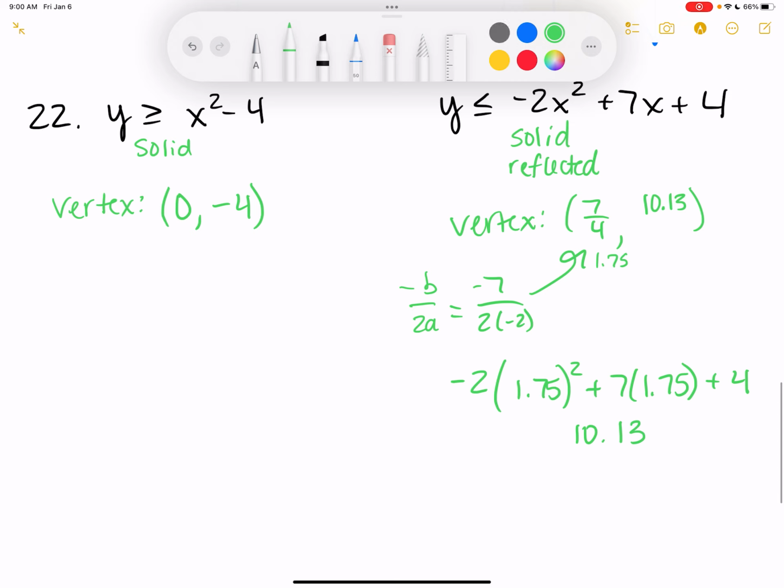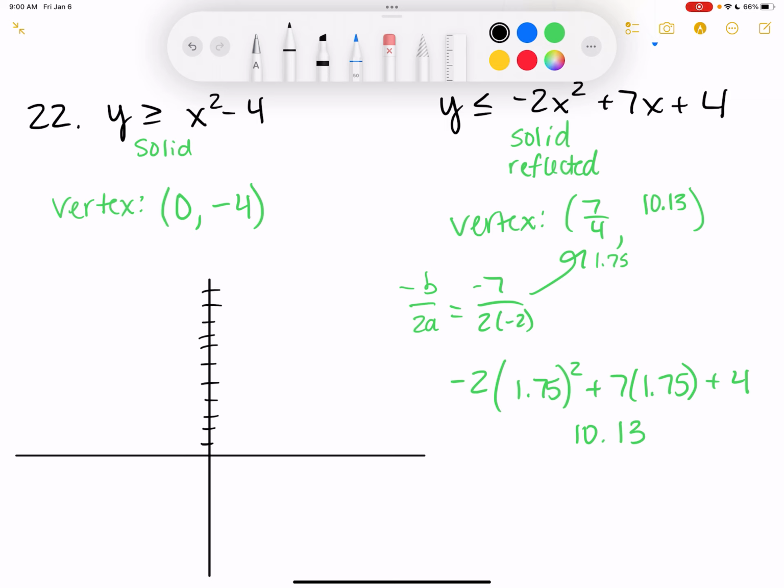So then I can set up my graph. I'm going to do one of them as blue and one of them as red, just so that I can see where the two different ones are.